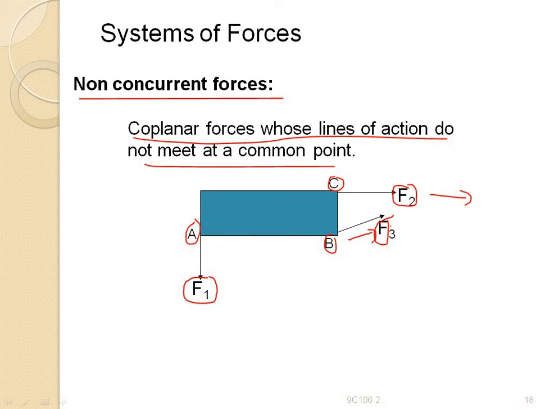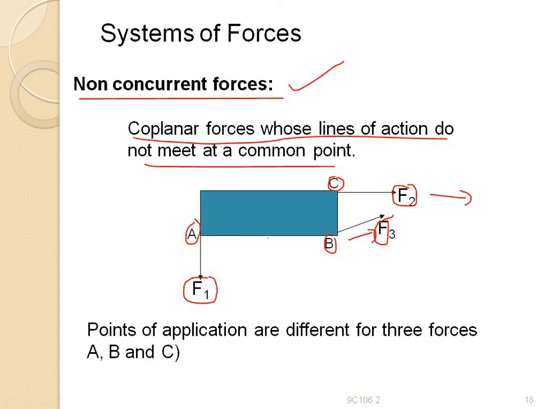Here the diagram is given, a body with points A, B and C. F1 is the force acting downwards, F2 is in the horizontal direction, whereas F3 is in the inclined direction. These are coplanar forces whose lines of action do not meet at a common point. They act at different points, so they cannot meet at any point. So these are known as non-concurrent forces. The points of application are different for the three forces, that is A, B and C.